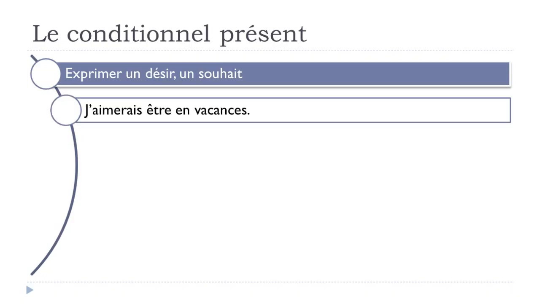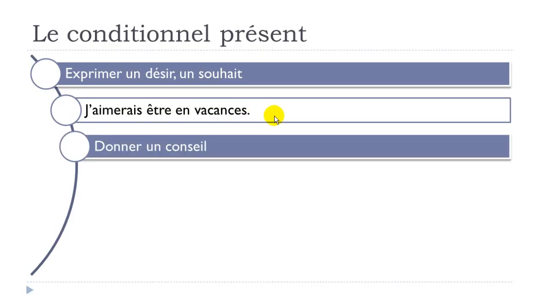J'aimerais être en vacances. Aimer, to like or to love. And here you've got the conditionnel form. Être, to be. En vacances, on vacation, holidays. J'aimerais être en vacances.